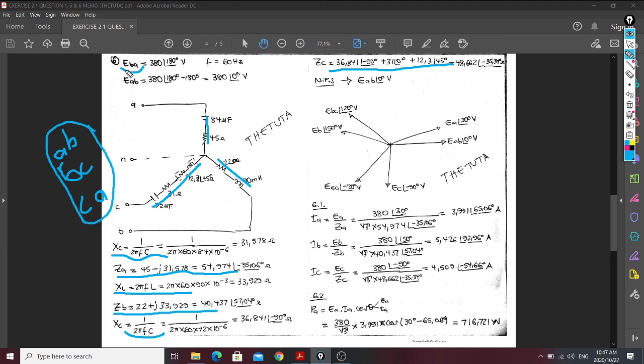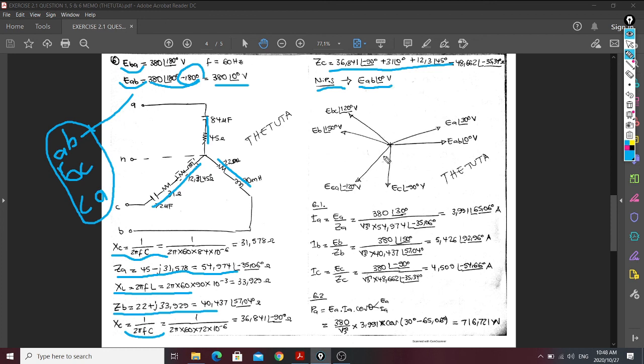We were given the voltage EBA, so we need to change it to AB, but to do that we need to add or subtract 180 to this angle. Then automatically we get our EAB at the angle of 0, so here, negative phase sequence, the reference is EAB, which is a line voltage.